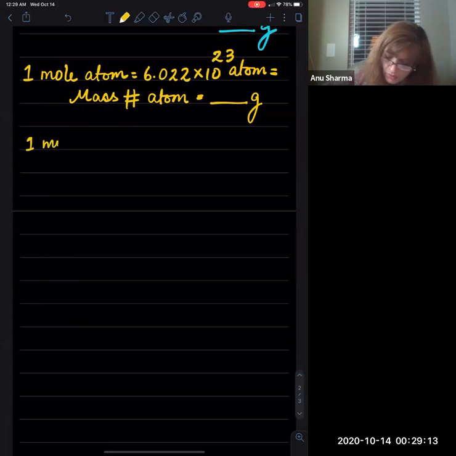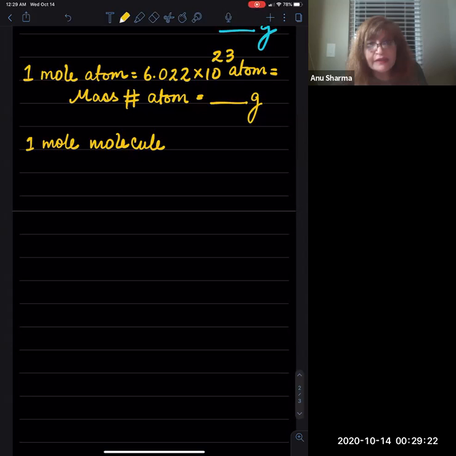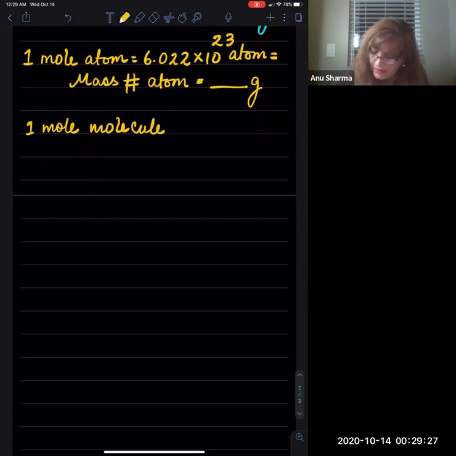One mole of molecules is going to be here, depending on what the molecule is, whether it's a covalent compound or an ionic compound. The weight is still going to have a common form.